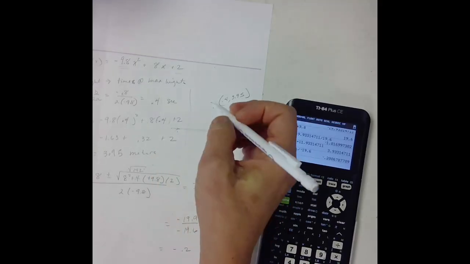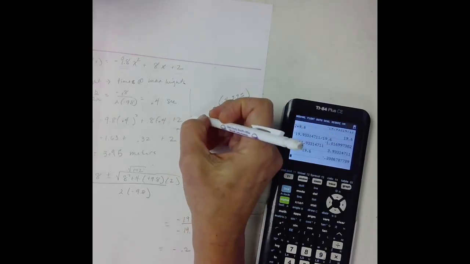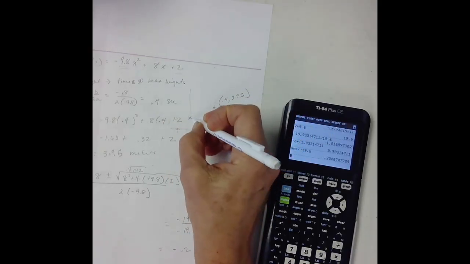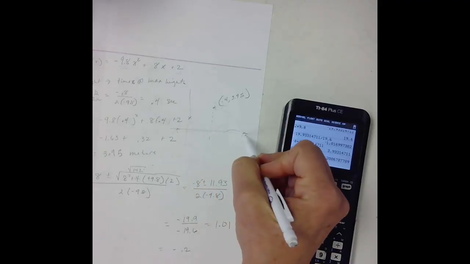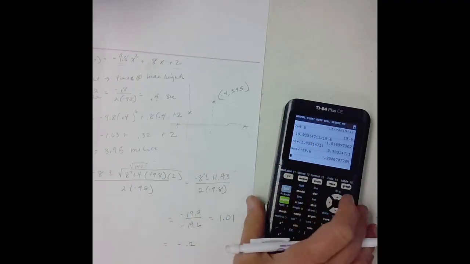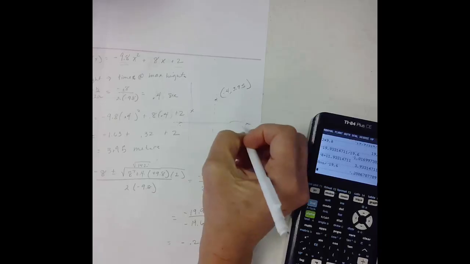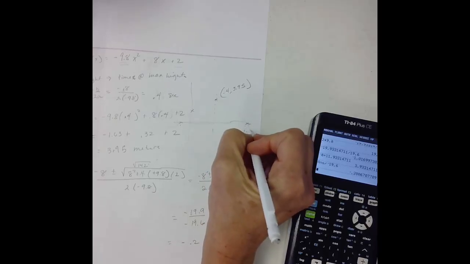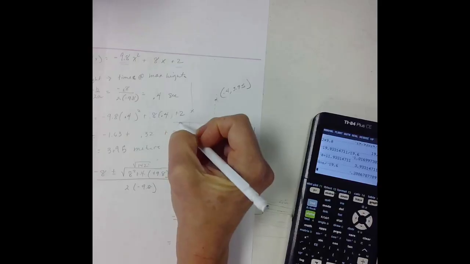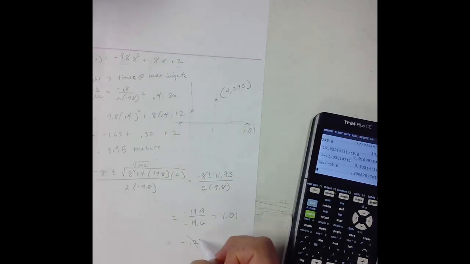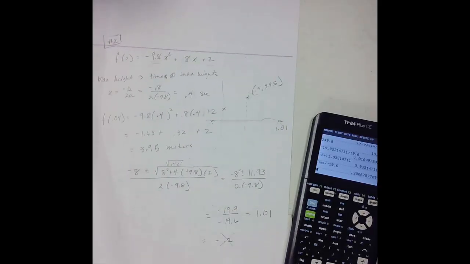I mean, because what's happening is I'm starting here at 2 meters. I'm going to make my projectile go up here, and then it's going to fall. So it's actually going to fall where the first value is positive. In this case, it's going to be 1.01. But it actually will also go behind, which we won't worry about because that's like going back. It would be 0 time or negative time.